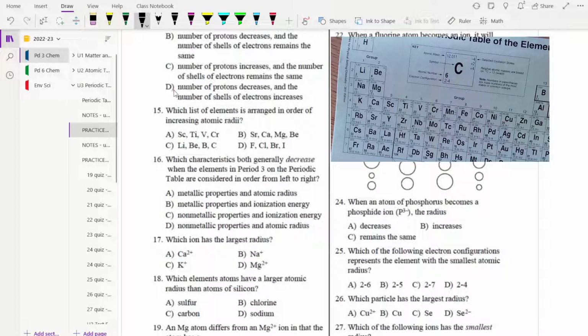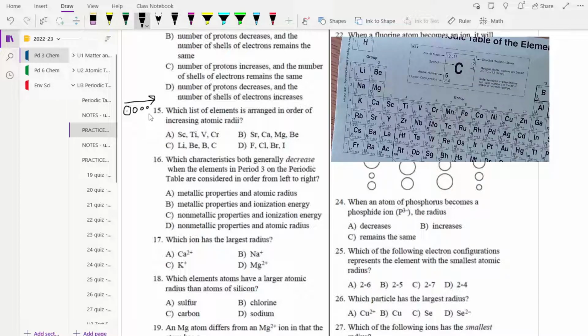The general rule, remember, is as you move across a period, you start with elements that have a larger radius, and they get smaller as you go across because the number of protons is increasing by one, the number of electrons is increasing by one, but the number of shells stays exactly the same.